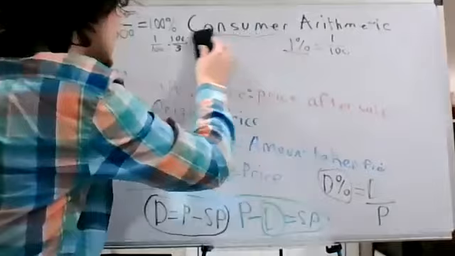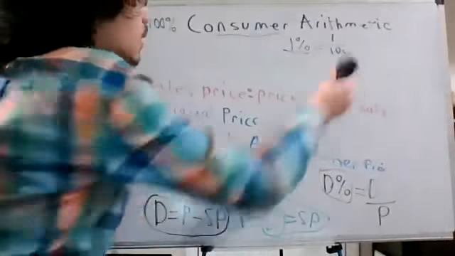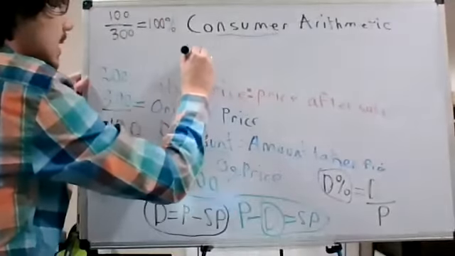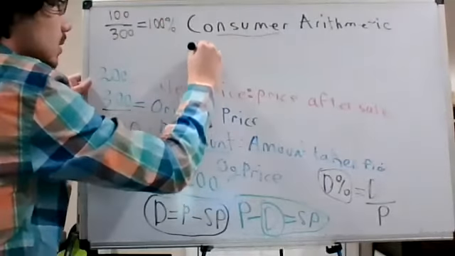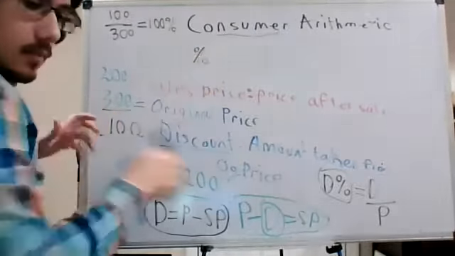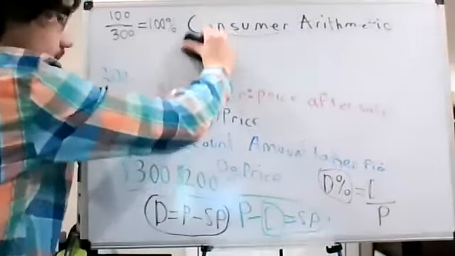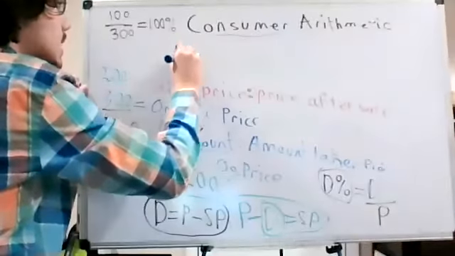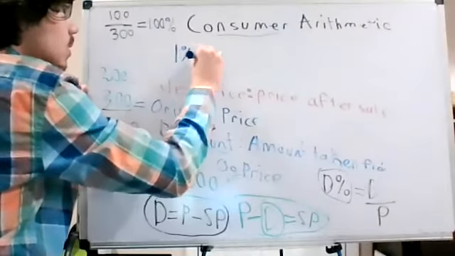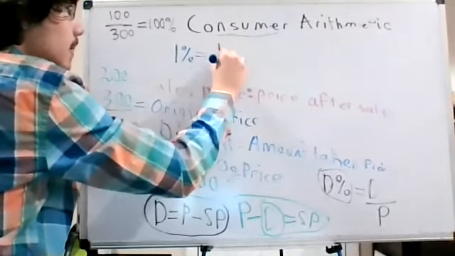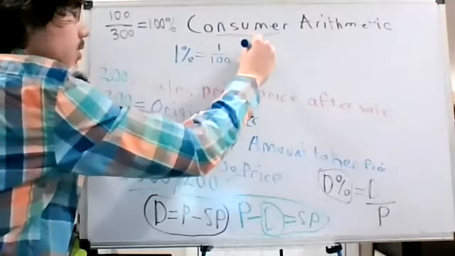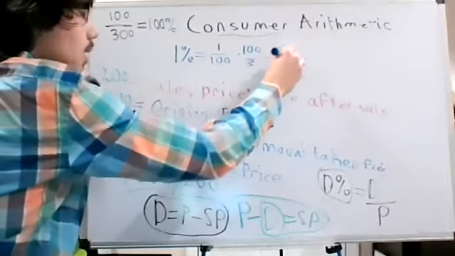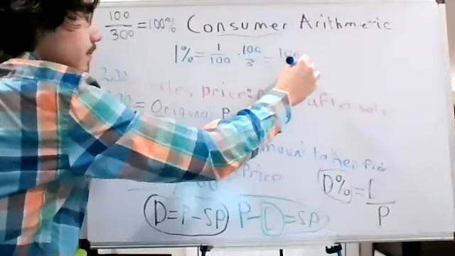So what you do is that you have 1% equals 1 over 100. We multiply it by 100 over 3 to get 100 over 300.